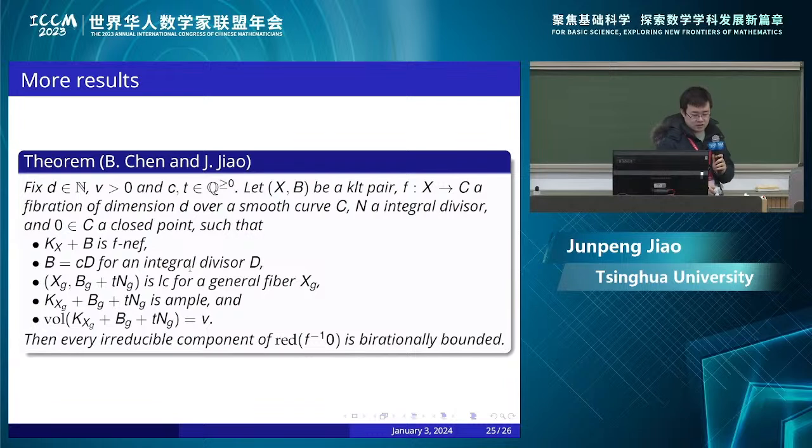Suppose K_X plus B is f-nef, and the general fiber is lc, and K_Xη plus B_η plus tN_η is ample. The general fiber is special, and the volume of the general fiber equals v. Then every irreducible component of the reduction of the central fiber is birationally bounded.